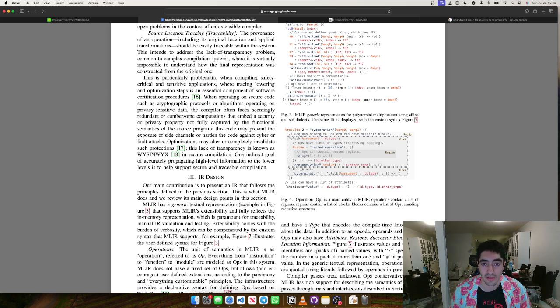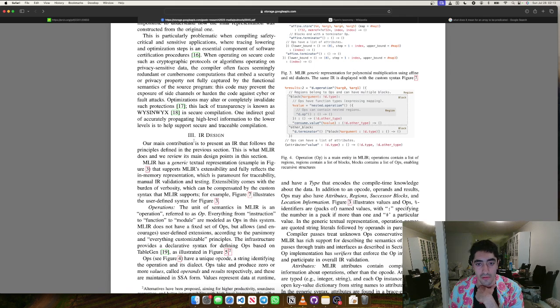When operating on source code such as cryptographic protocols or algorithms operating on privacy-sensitive data, the compiler often faces seemingly redundant or cumbersome computations that embed security or privacy property not fully captured by the functional semantics of the source program. This code may prevent the exposure of side channels or harden the code against cyber or fault attacks.